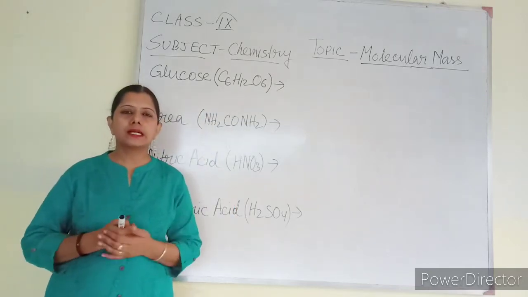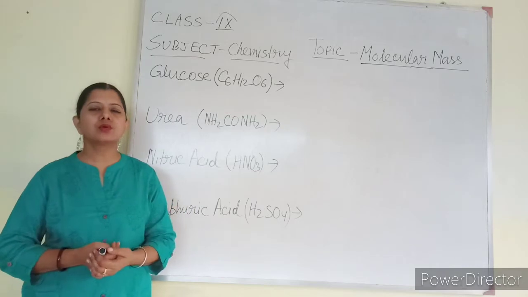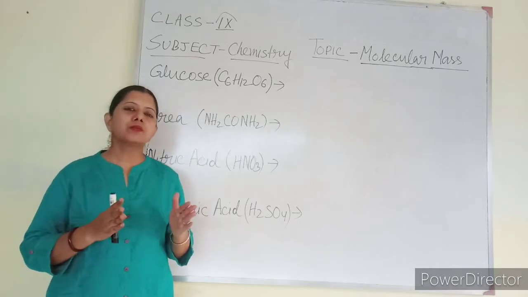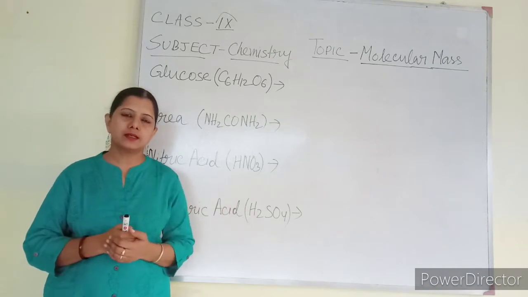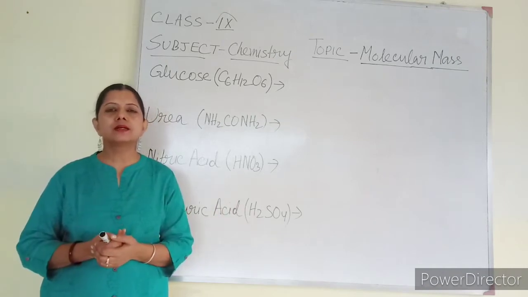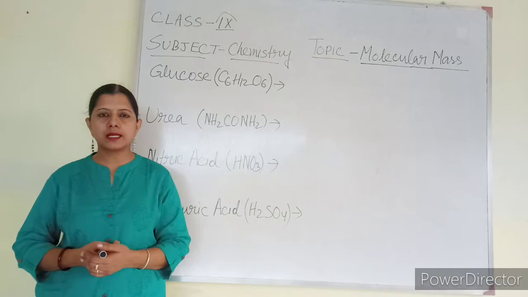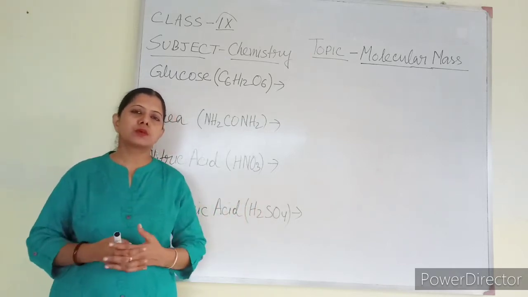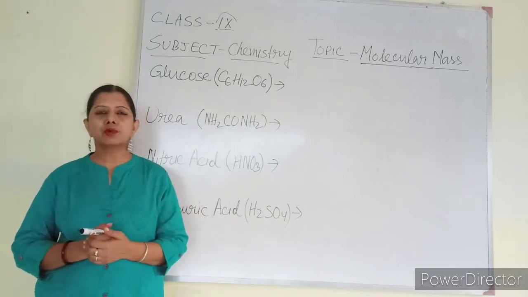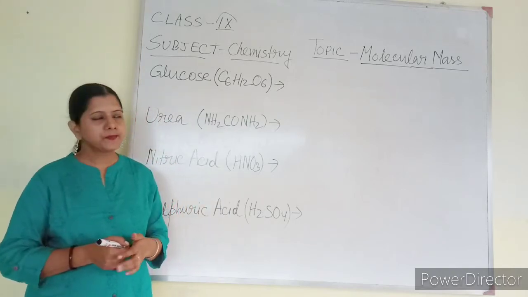As I told you earlier, you have to add the atomic mass of each atom of the element present here. If one atom is present 2 times, 2 has to be multiplied. If the same atom is present 3 times, 3 has to be multiplied, and then we have to add and get the answer.